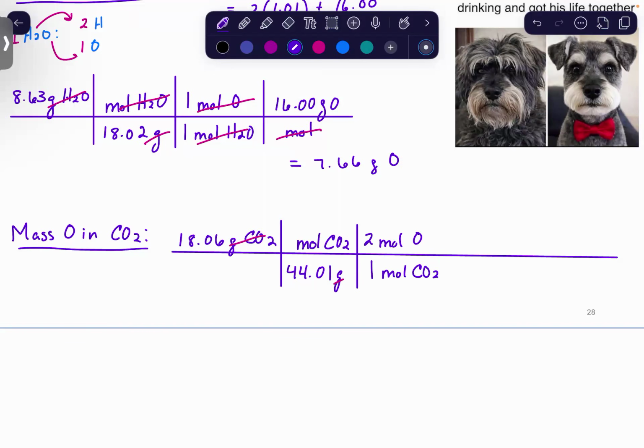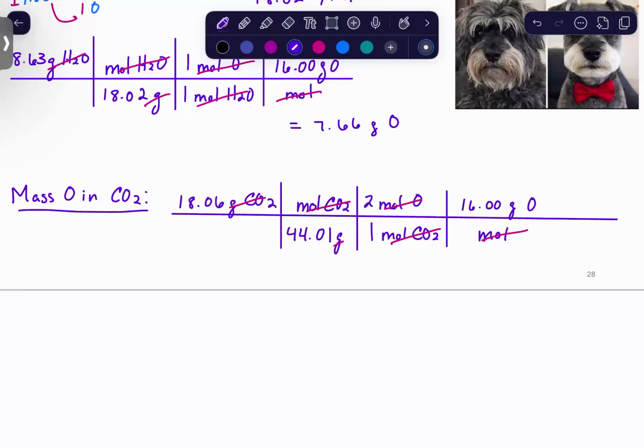You can think of it as molecules too. For every 1 molecule of CO2, I get 2 oxygen atoms. So same idea. Okay, and I'll cross the rest of these out in a minute. And then, of course, for my mass of oxygen, I'm going to need to multiply by the molar mass of oxygen. So you see moles of CO2 cancels out, moles of oxygen cancels out, and I'm left with my grams of oxygen.